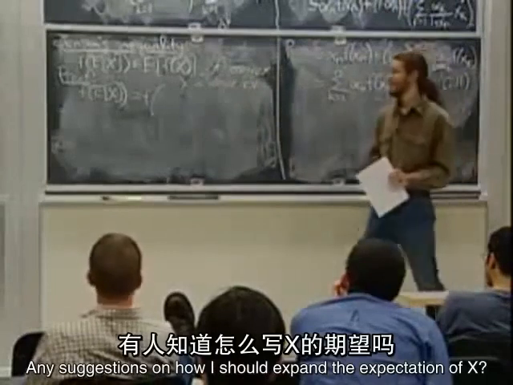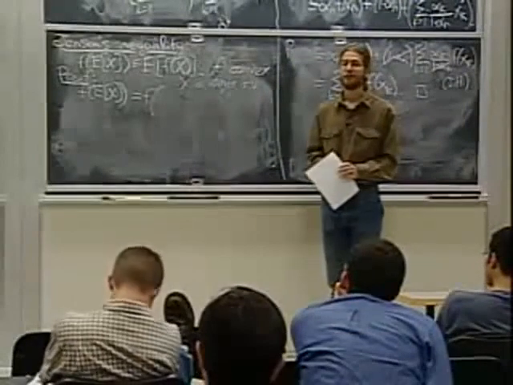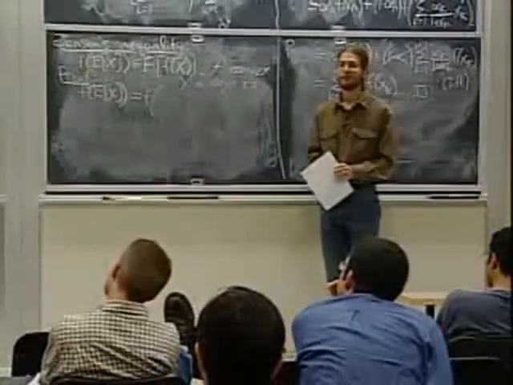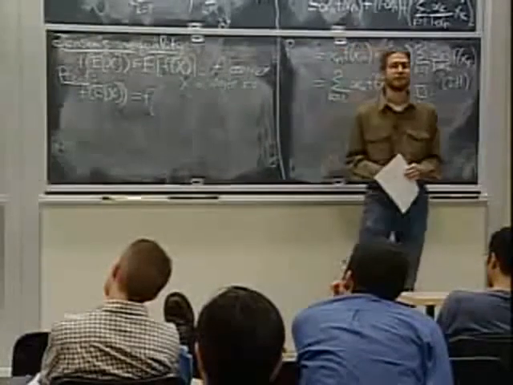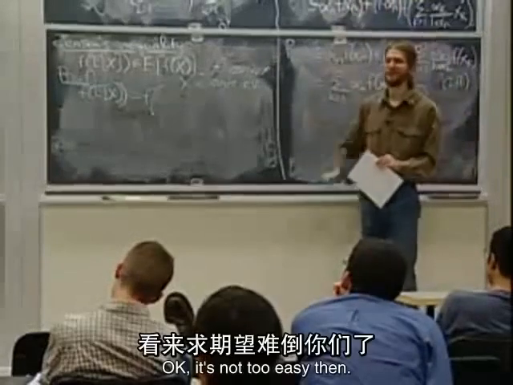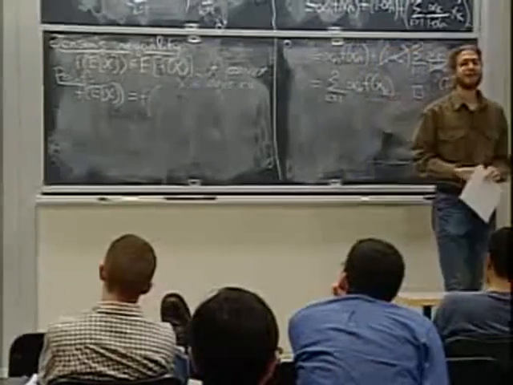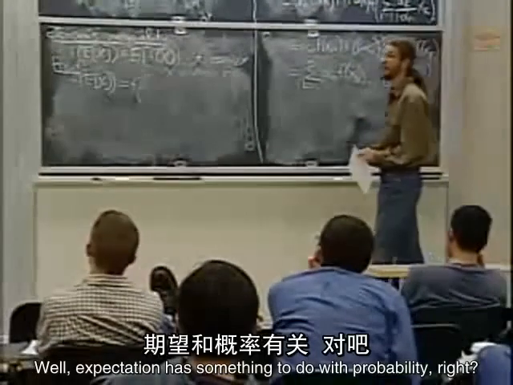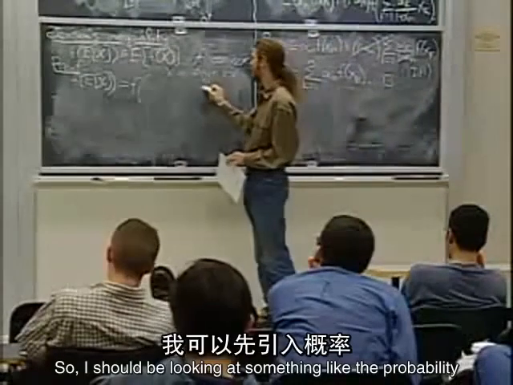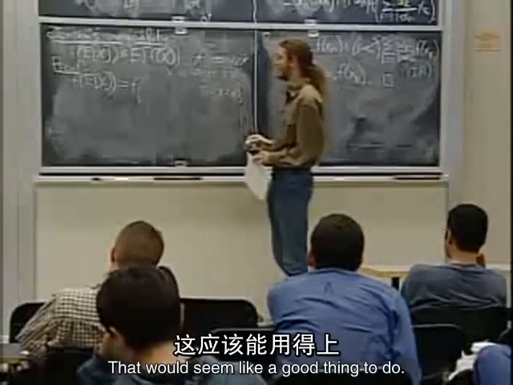Any suggestions on how I should expand the expectation of x? How many people know this by heart? Okay, it's not too easy then. Well, expectation has something to do with probability, right? So I should be looking at something like the probability that x equals some value x. That would seem like a good thing to do.